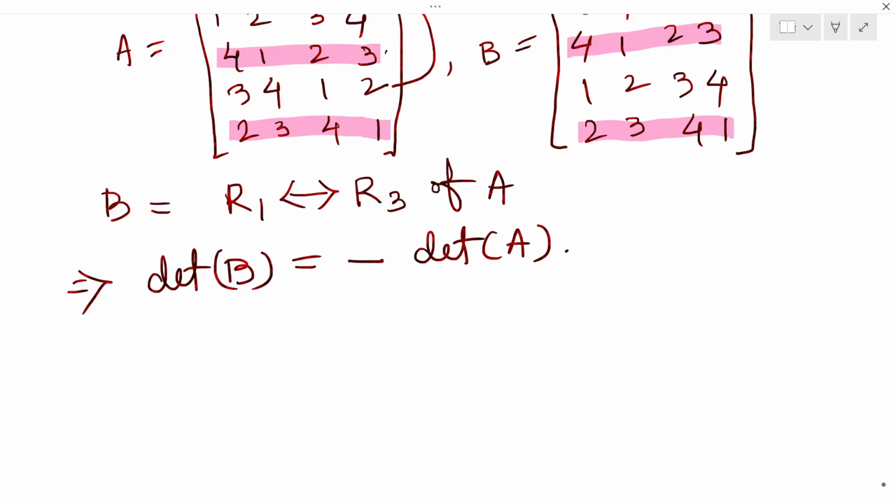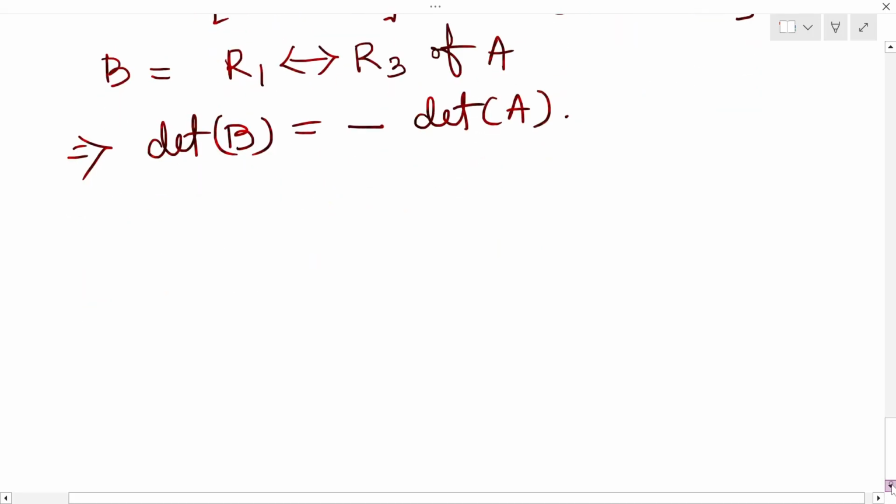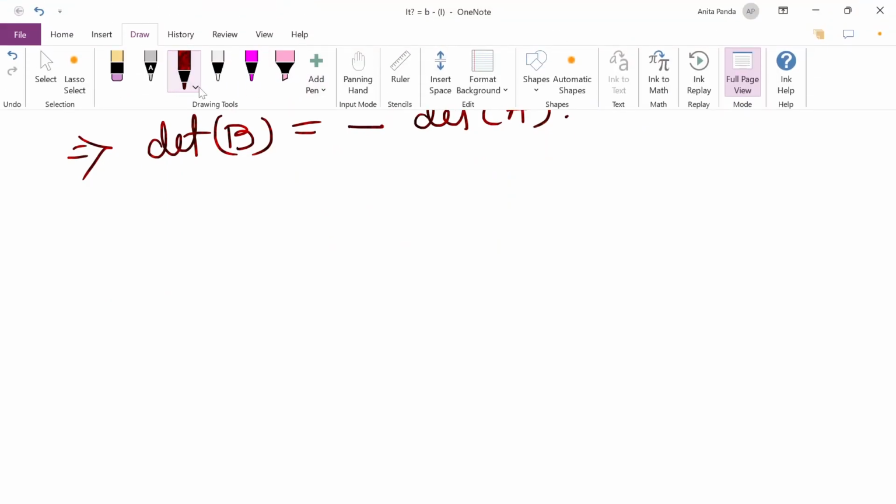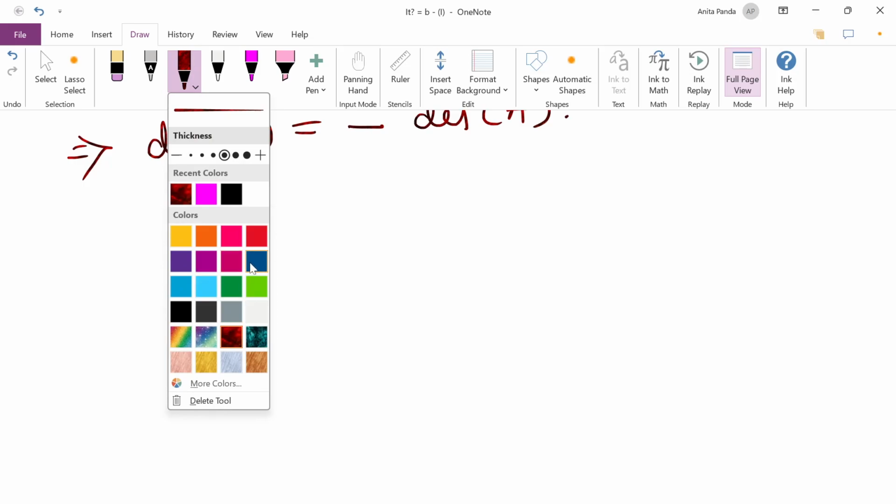If you have any question, then please ask, or else I will tell you some tricks. Let me tell you, suppose you have a vector. How to verify whether it is an eigenvector or not? Suppose you want to verify whether it is an eigenvector.